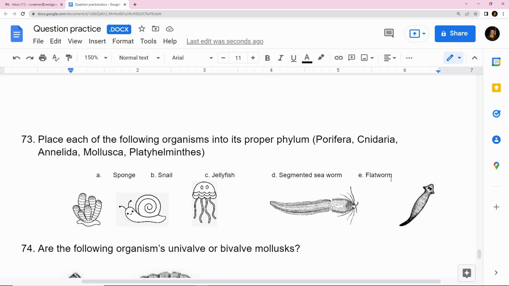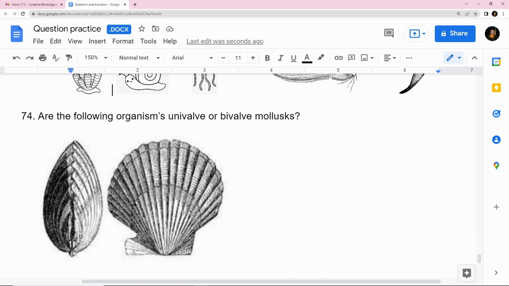And the flatworm belongs to phylum Platyhelminthes. What about 74? Are the following organisms univalve or bivalve mollusks? Here you can see 1 and 2 parts to this mollusk shell. These are bivalve mollusks. The picture on the right is showing just a front view.